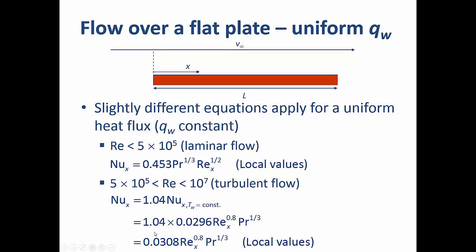And when we move to the turbulent condition, it turns out the local Nusselt number is equal to 1.04 times the Nusselt number that we'd have calculated previously, so we end up with a slightly different result at the end, that the local Nusselt number equals 0.0308 times the local Reynolds number to the power 0.8 times the Prandtl number to a power of a third.